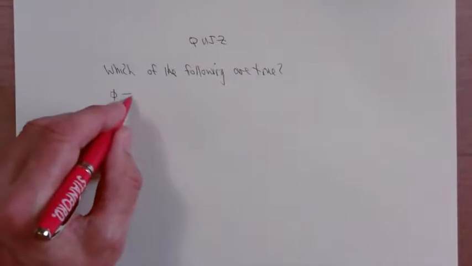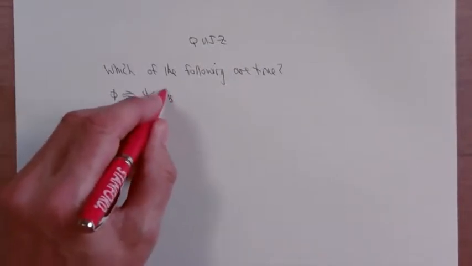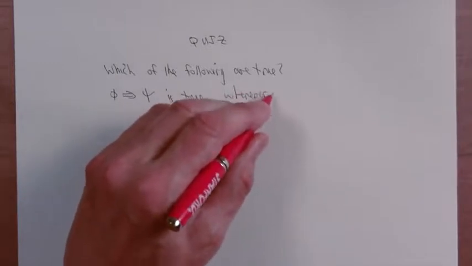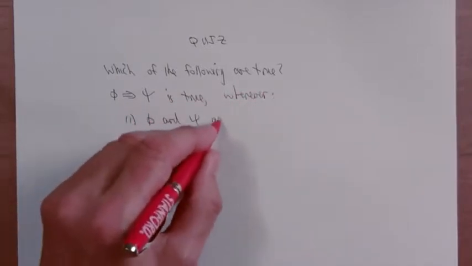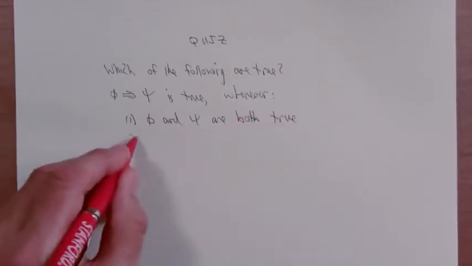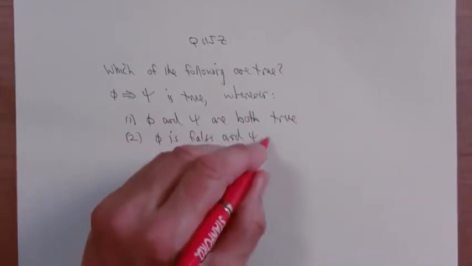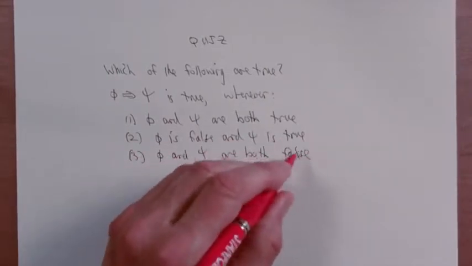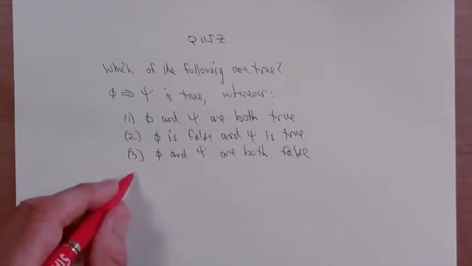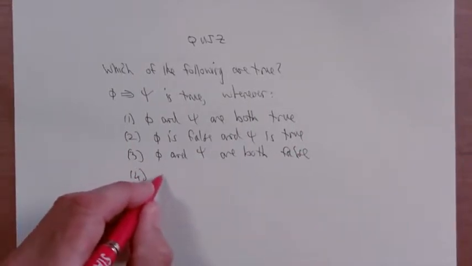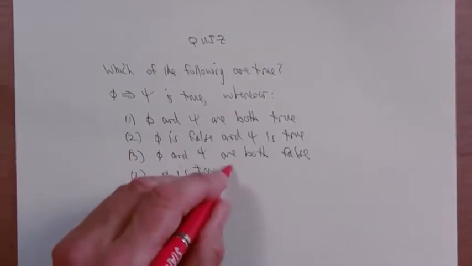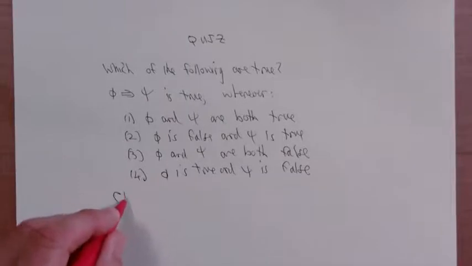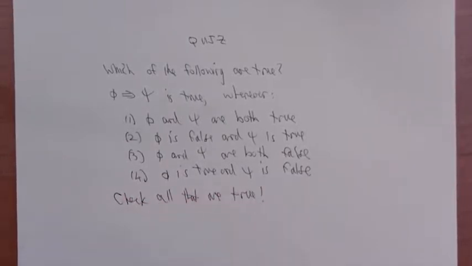Phi conditional psi is true whenever: 1, phi and psi are both true; 2, phi is false and psi is true; 3, phi and psi are both false; and 4, phi is true and psi is false. And I want you to check all that are true.